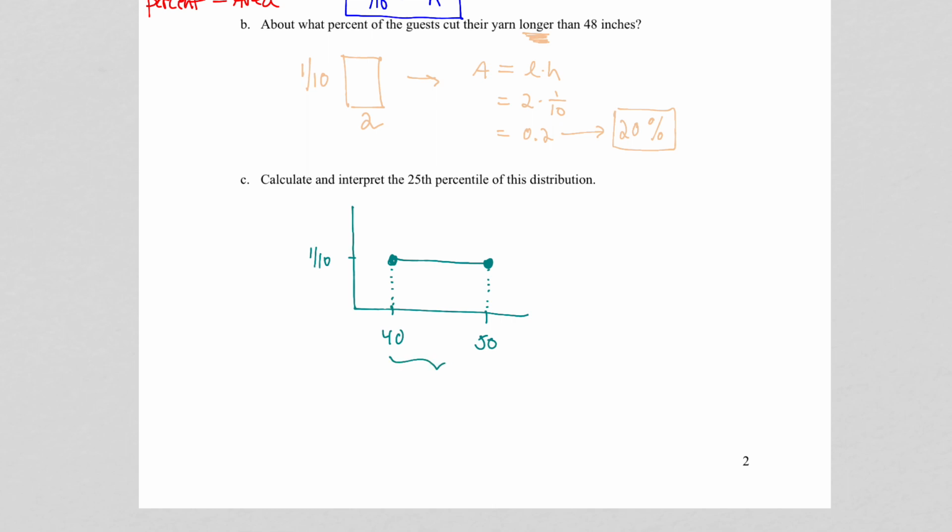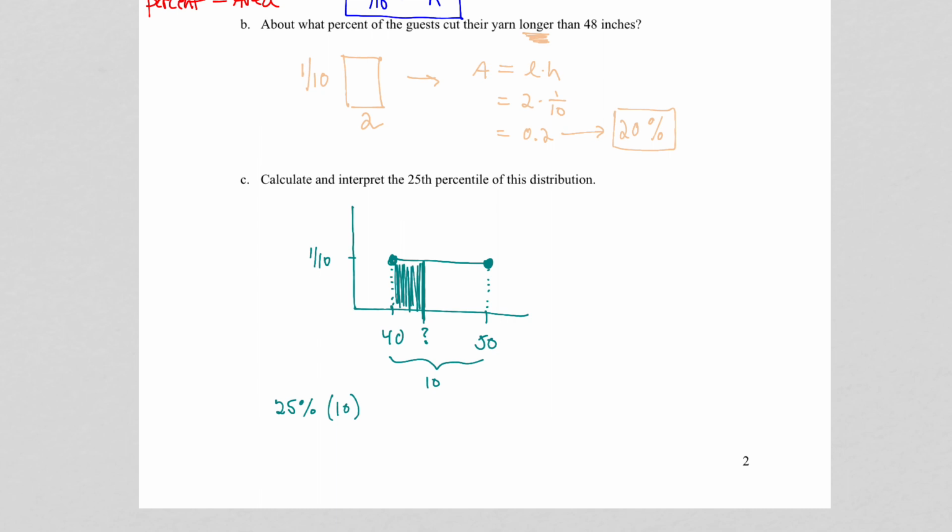Well, we know that this is 10 long. If we take 25% and multiply that times 10, we're going to know how far in we're going to have to go, right? So the 25th percentile means 25% of the values are going to be less than or equal to it. So we're really looking for that value right there, which we don't know.